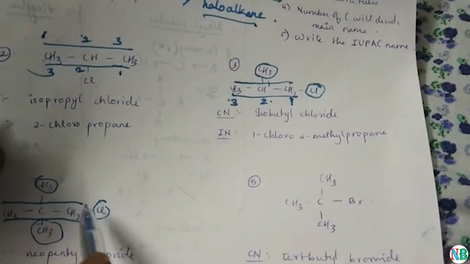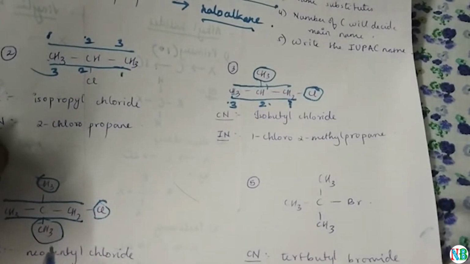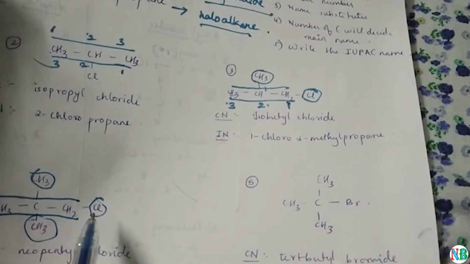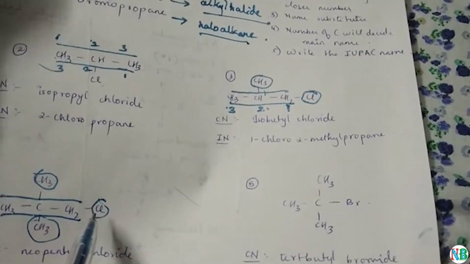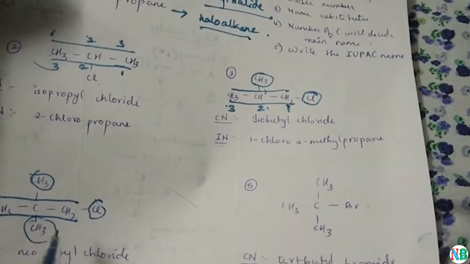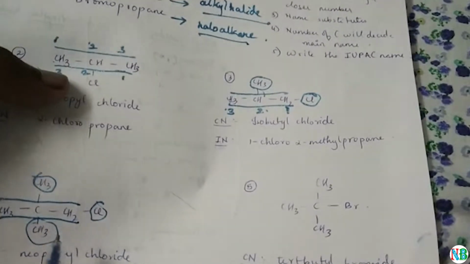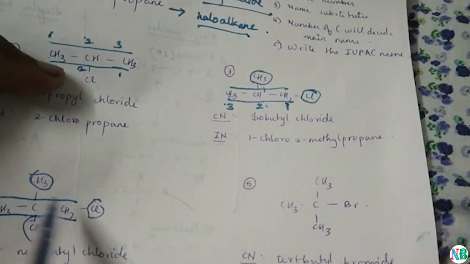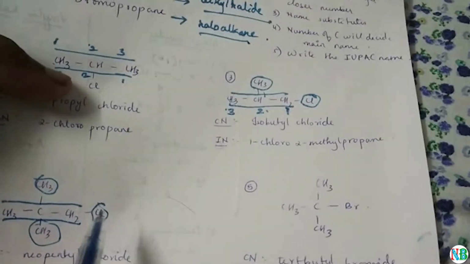So when I'm starting from here, my chlorine is getting number 1 and the methyls are getting number 2. Now once again, as we know that we have to follow the alphabetical order, therefore chlorine will come first and methyl will come next. But now there are 2 methyls, so I will be writing 2,2 dimethyl propane. So I hope this example is very clear.